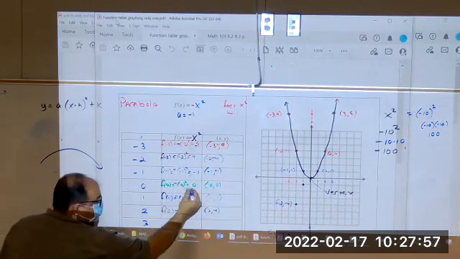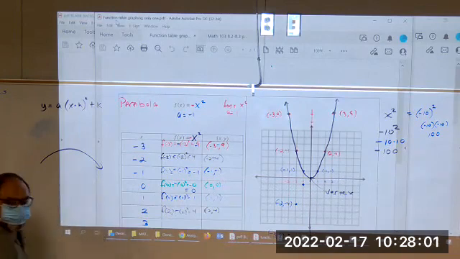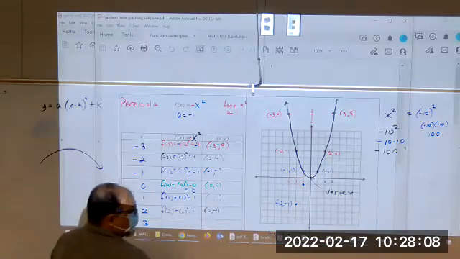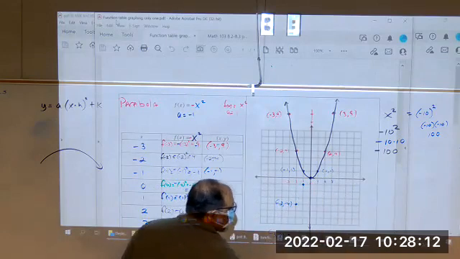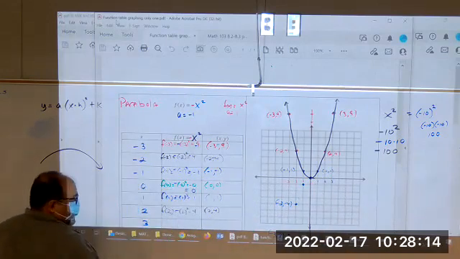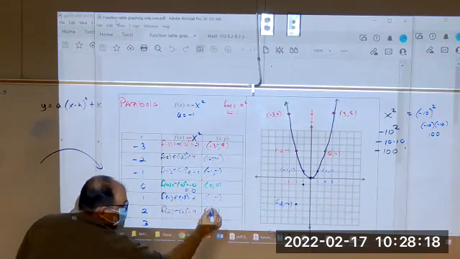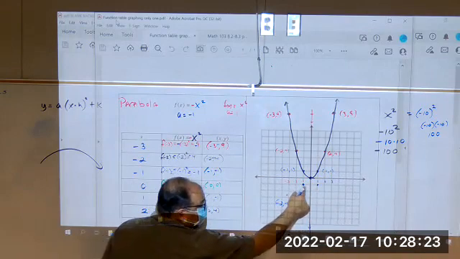Negative 0 squared is negative 0, but negative 0 is just 0. 0 doesn't have a sign. Positive 0, 0. Negative 0, still 0. So it's still here. And then a negative times 1 squared is negative 1, because of the symmetry on the left-hand side and the right-hand side.